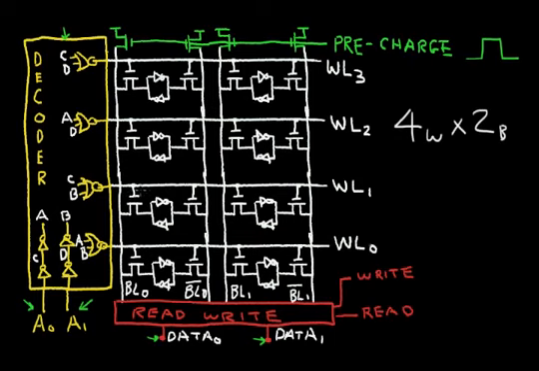I will access a word line after the pre-charge goes away, and the read circuit will sense the data at the bit lines and will amplify it to a logic 1 or a logic 0 at the data 0 and data 1 outputs. So there are some important timing considerations for this RAM.